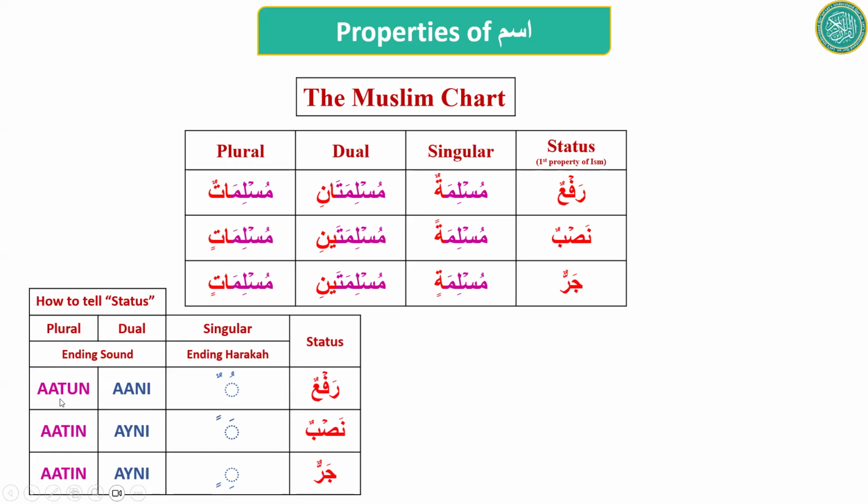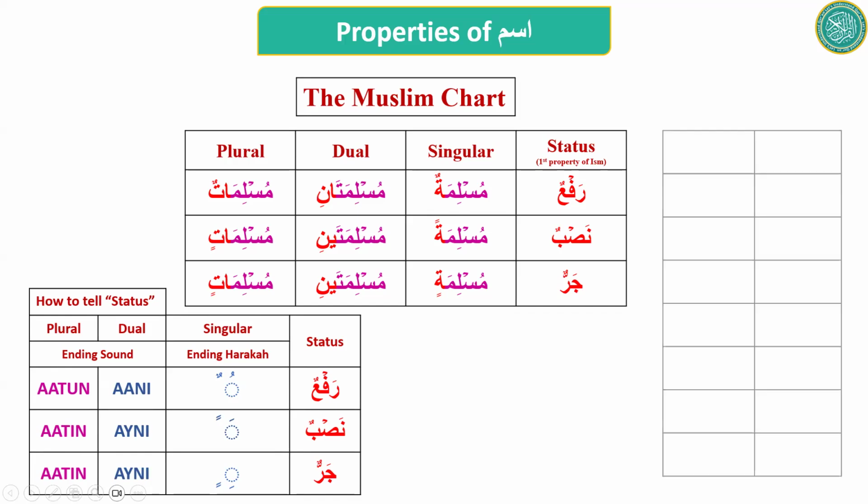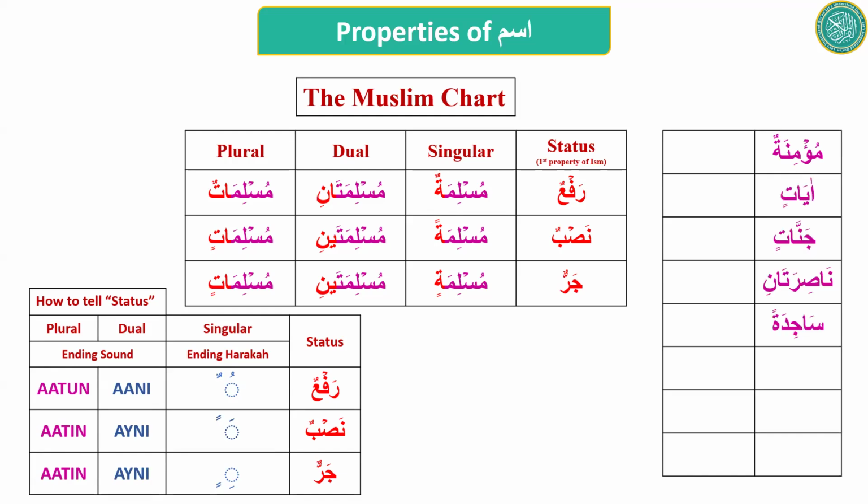The ending sound is not una, ina, or ina. Instead, it is atun, atin, and atin. And near the end of the class, we learned how to tell the status of a few words.